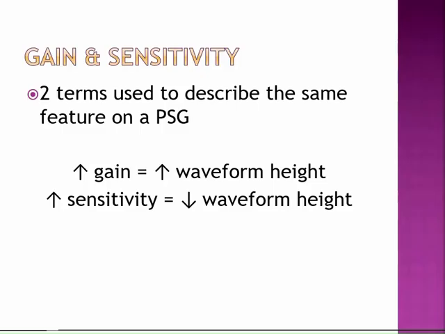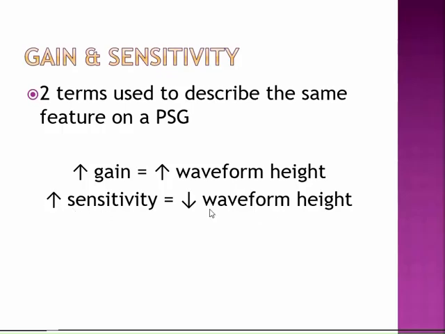So we need to amplify these signals in order to see them on our computer screen, and that's referred to as their gain. It's how many times the waveform signals are amplified. So the higher the gain, the higher the waveform height.